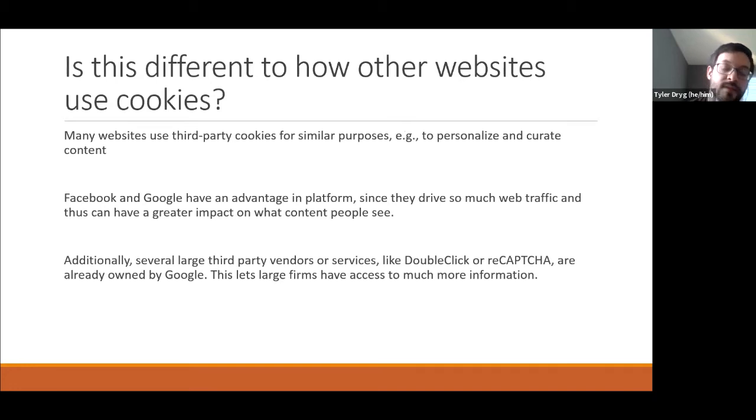Again, kind of expanding on this a little bit more, is there a difference between how big tech companies use cookies versus how other websites use cookies? Like we talked about at the beginning, a lot of websites use third-party cookies to personalize and curate content.